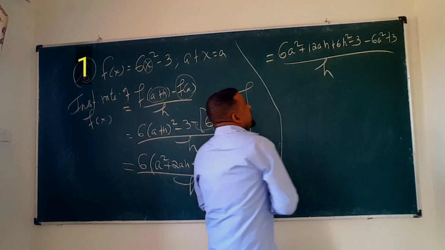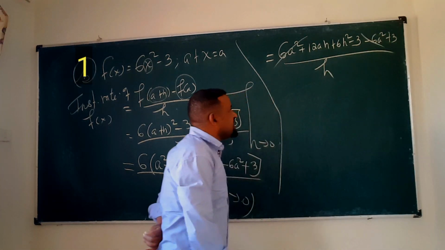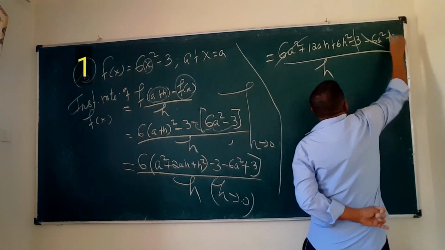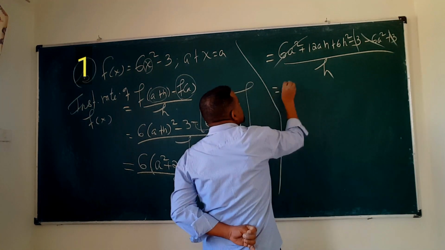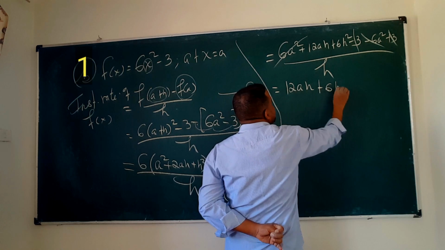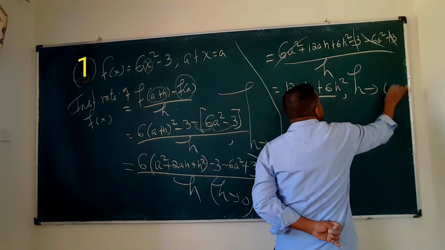Good. Now, 6a squared will be cancelled out by minus 6a squared, and negative 3 will be cancelled out by positive 3. So that will be 12ah plus 6h squared over h. Of course, this h is approaching 0.